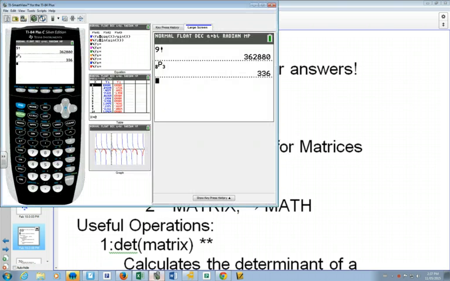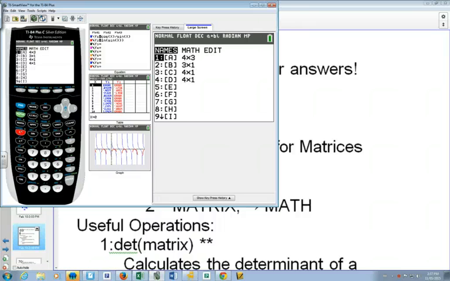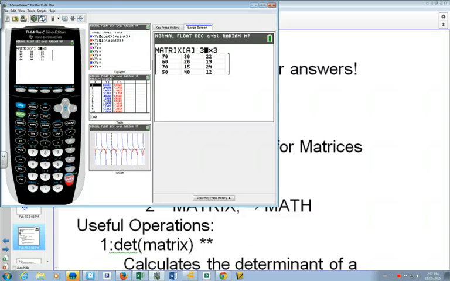We are first going to go to matrix and we'll enter in this 3 by 3 that we just figured out was 30. So 3 by 3. And when you have a matrix already in there, you don't have to delete things. What you can do is just type over top and work from there.